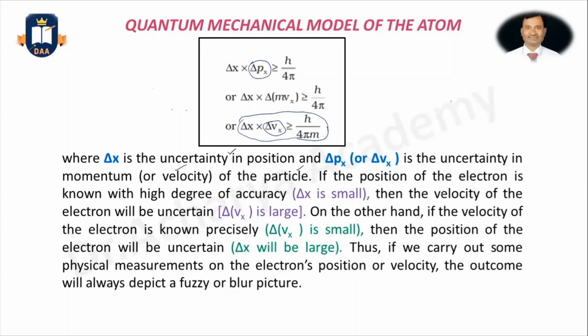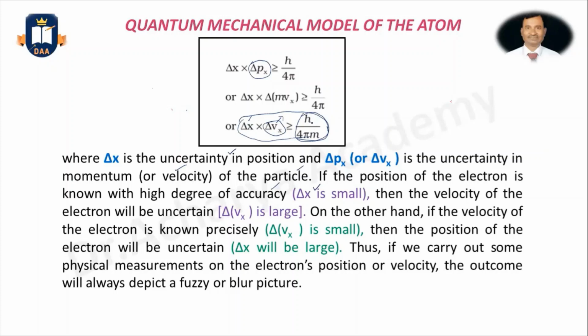That means if the position of an electron is known to a high degree of accuracy, delta x will be very small. Then delta vx should be very high, because the multiplication of these two parts will be greater than or equal to h by 4 pi m.